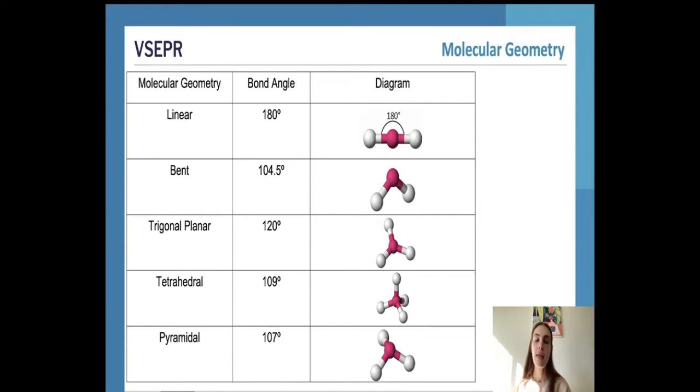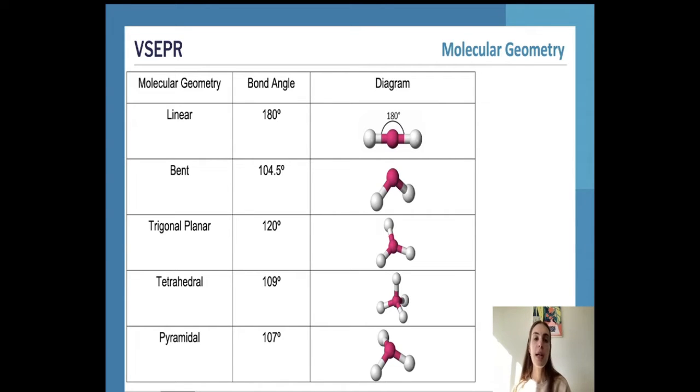So this means that the molecule in pink in the middle on the linear bond angle is a different atom to the white atoms, but they've all bonded in a straight line and have used up all of their electrons in order to bond together, and so have no lone pairs, so there's no repulsion, so there's no need for the molecule to bend away from anything because there's no repulsion coming from a lone pair. And so this just means that the molecule stays completely straight. There's not really any bond angle, so we say that the bond angle is 180 degrees.